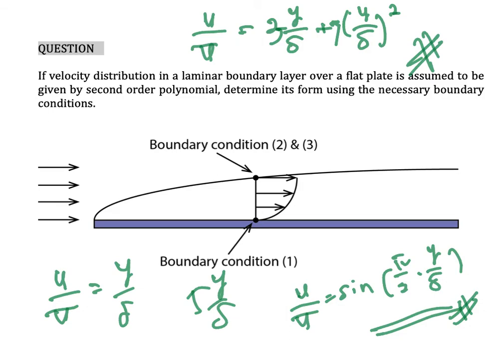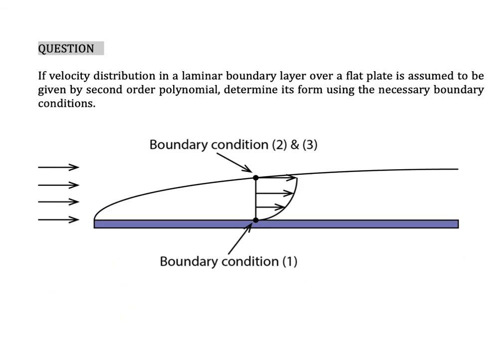So in this slide, I will show you a very simple one: how to derive the second order polynomial velocity profile. Let's say we have a boundary layer like this one, and we have a velocity profile in the boundary layer.